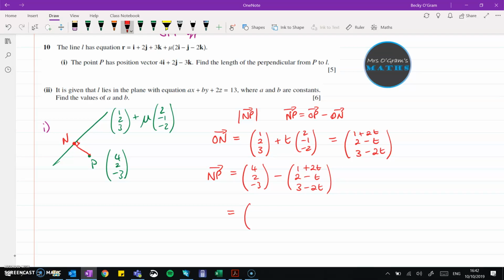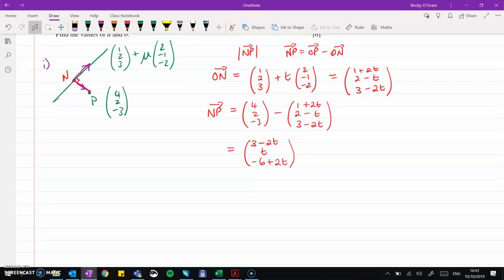Okay, and simplify that down. Then the next bit of information we are going to use is that NP is perpendicular to the line, so the scalar product of NP and the direction vector of the line will be 0. So we've got the direction of the line is (2, minus 1, minus 2).